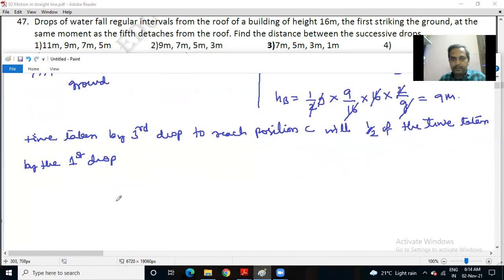That means T3 is equal to 1 by 2 T1. So what did you get?